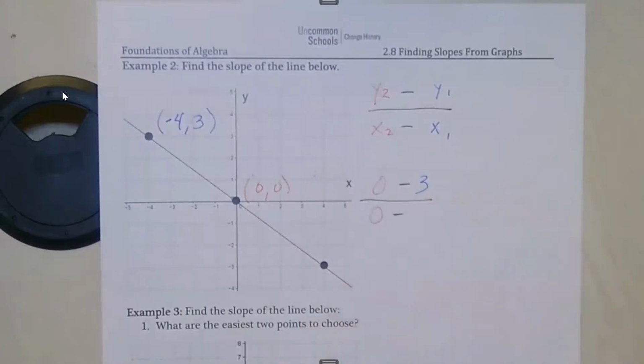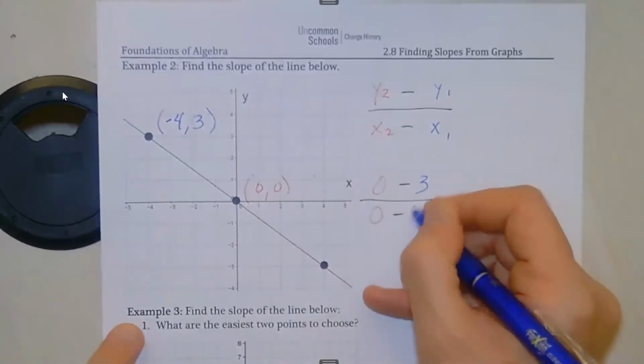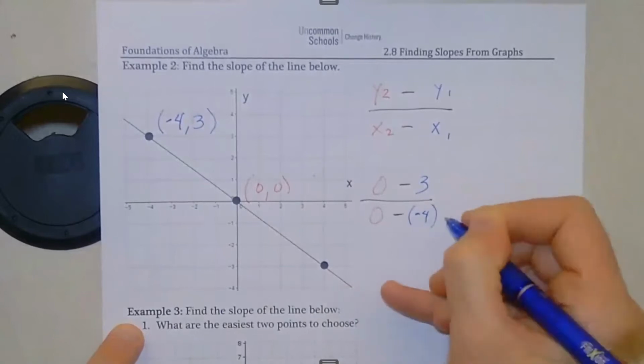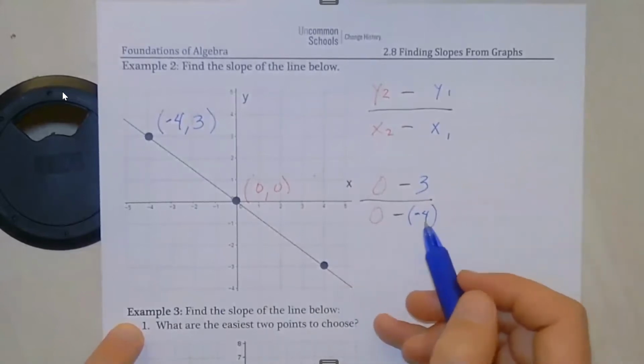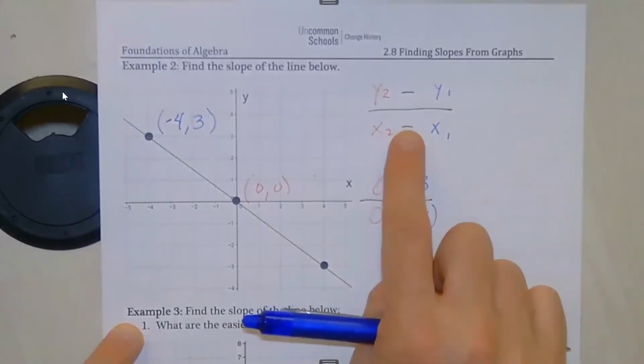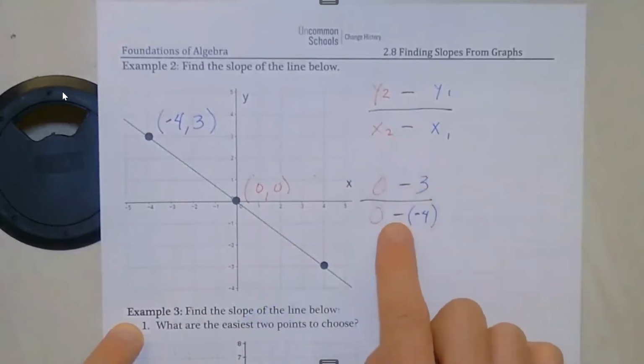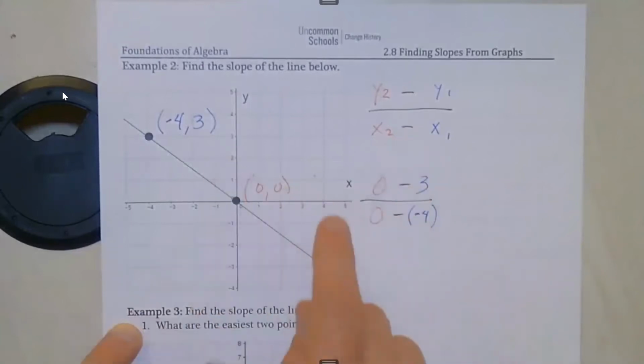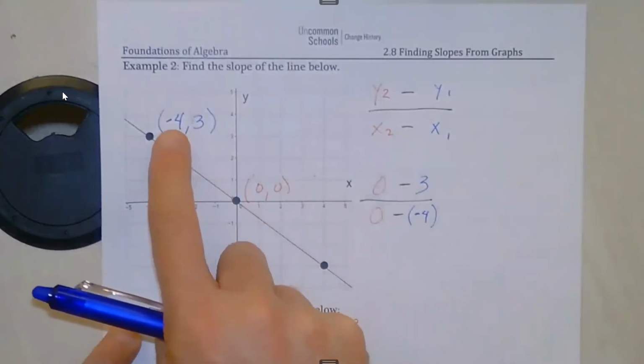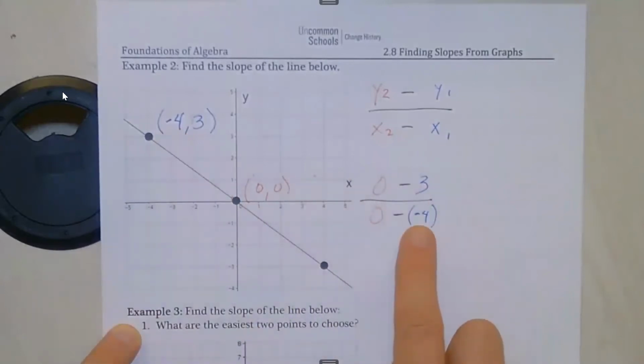Then my x1 is -4. Notice that the subtraction from our equation stays. And then if a value is negative, that negative also comes in.